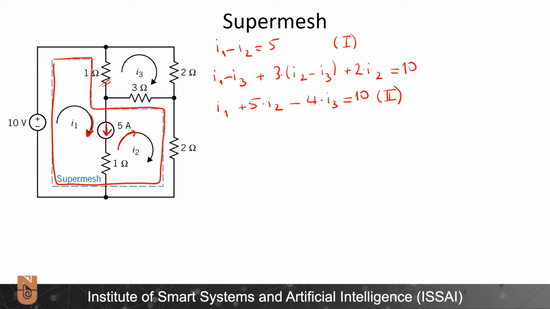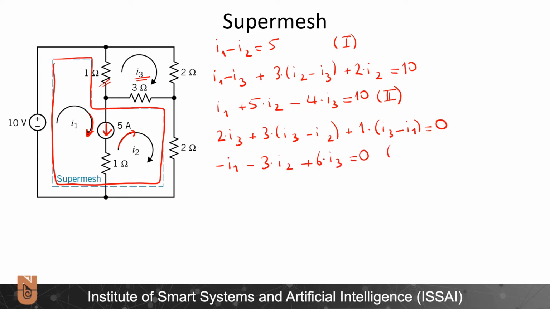And we need to write the third one for this loop with I3. 2 times I3 plus 3 times I3 minus I2 plus 1 times I3 minus I1 is equal to 0. Let's simplify this as we did for the second equation. Minus I1 minus 3 times I2 plus 6 times I3 is equal to 0. And I have this third equation here.